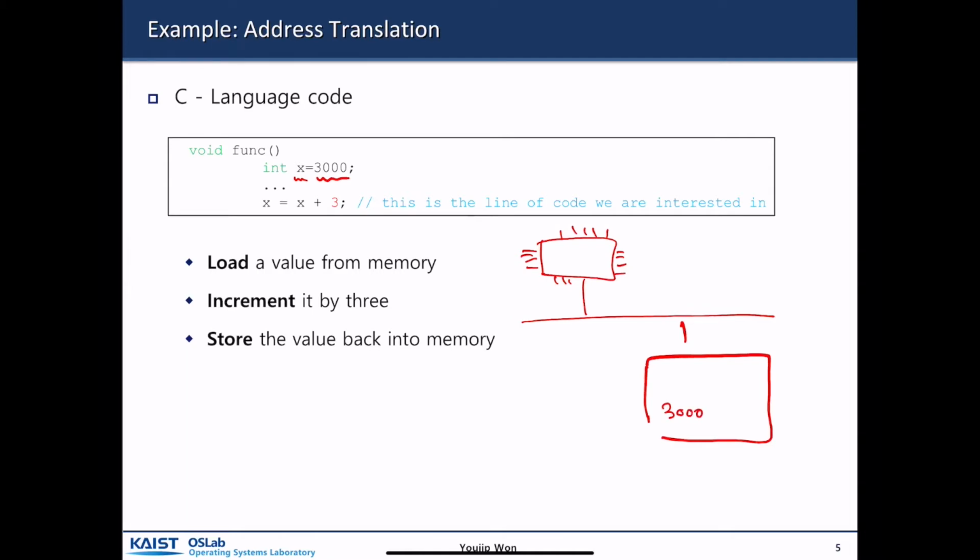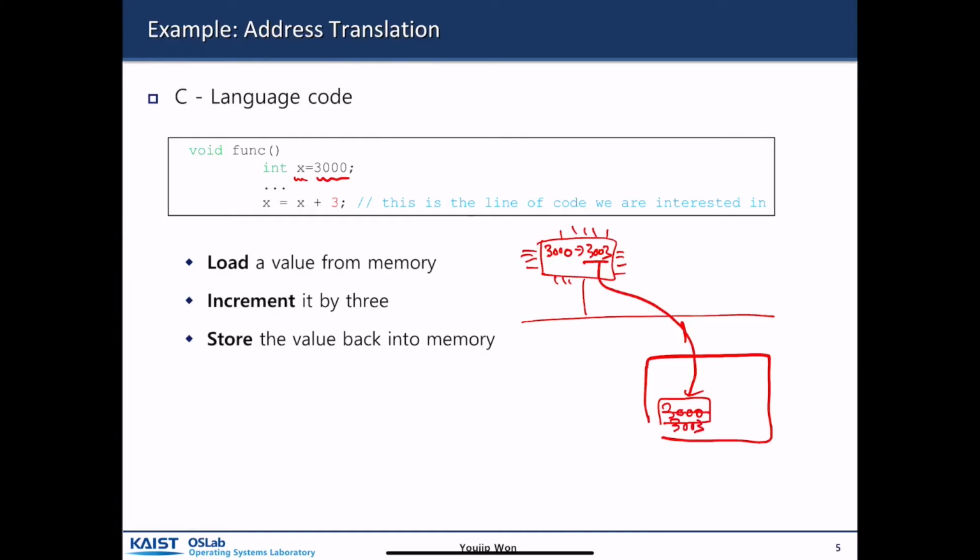In hardware, only the CPU can do arithmetic. So the operating system has to load the value of 3000 from memory to some register on the CPU and increase it by 3, and then save 3003 back to its original place, overriding 3000 with its new value 3003.